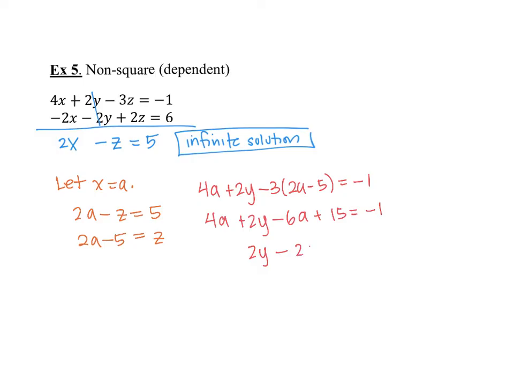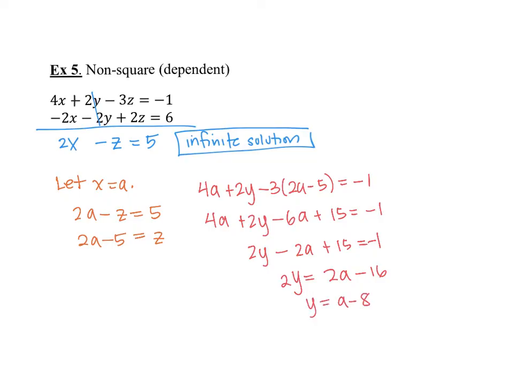I'm going to simplify this before I move it to the other side, so I'm a little less likely to make a mistake. So I'm going to get 2y equals 2a minus 16, and I'll divide by 2, so I get y equals a minus 8.